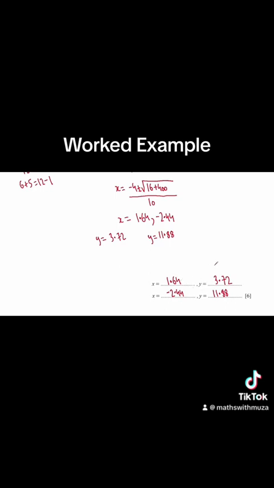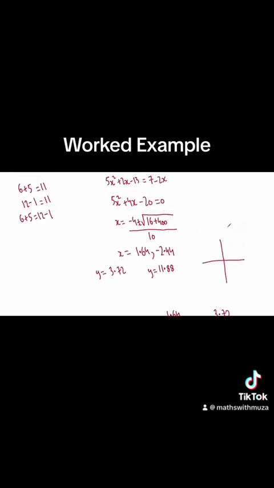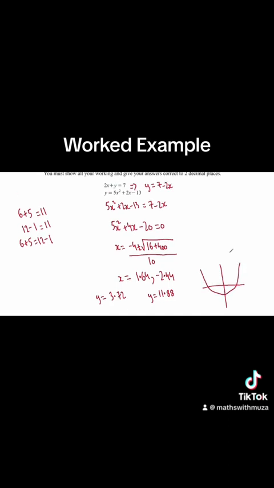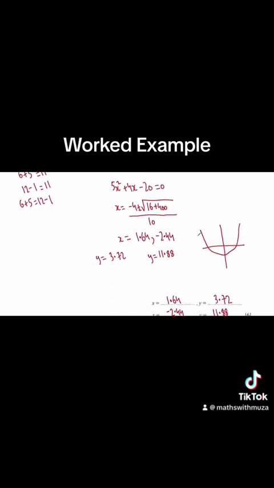Because of what it looks like when you graph it, remember all we're doing is finding 2 points of intersection now. So you have y is equal to 5x squared plus 2x minus 13. Let's say that looks something like this. And then you have y is equal to 7 minus 2x. Let's say that looks something like this. That's not what it looks like, but let's say it looks something like that.